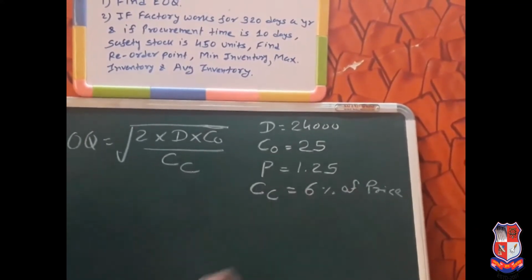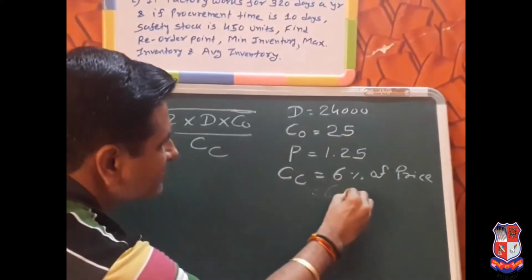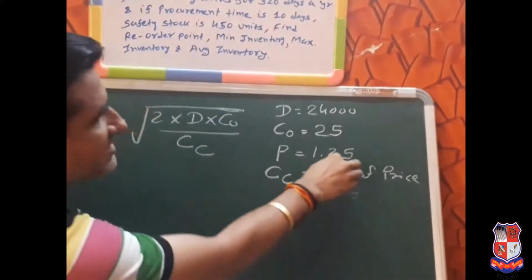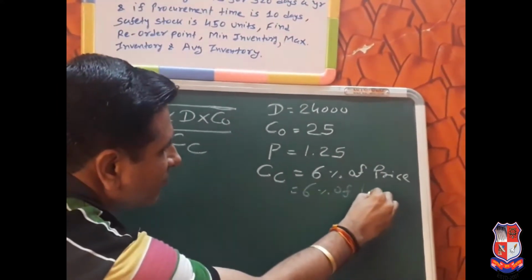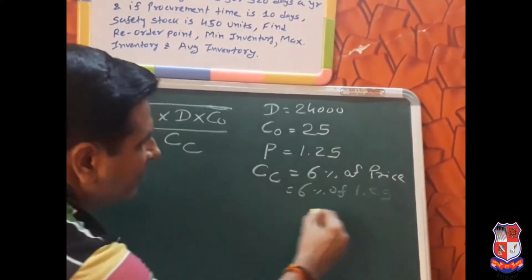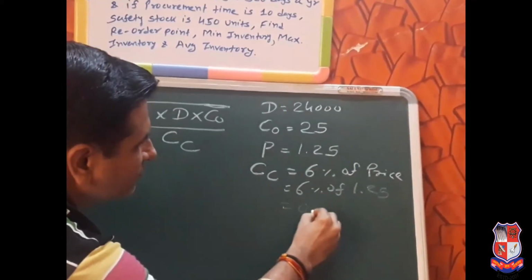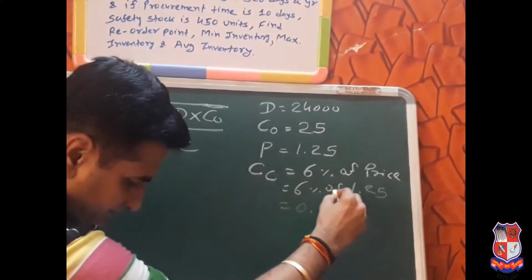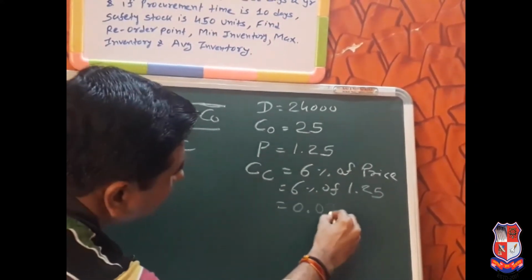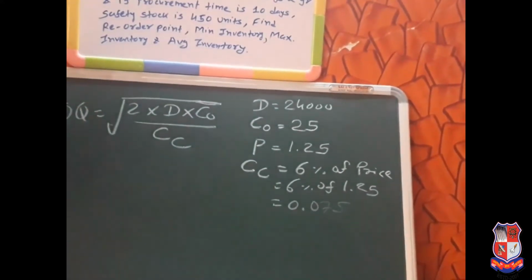So 6% of the product price, which is 6% of 1.25, is equal to 0.075. So this is your carrying cost.